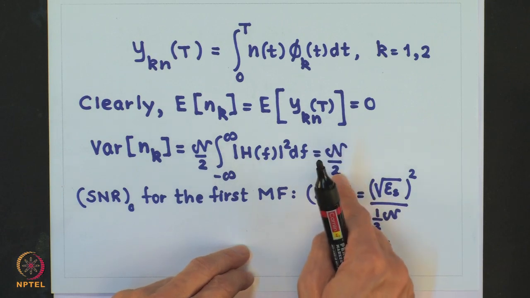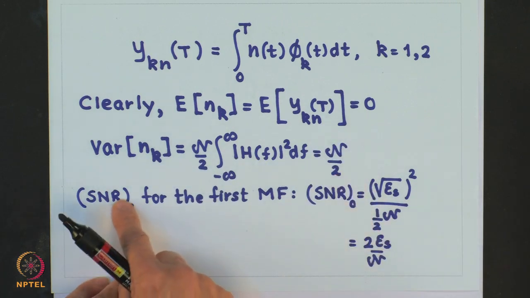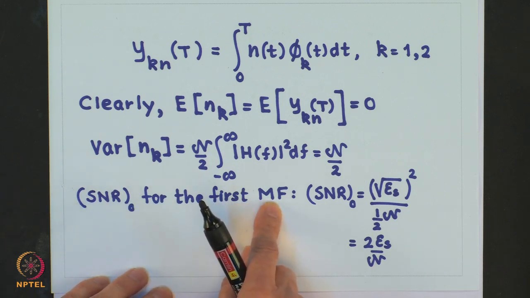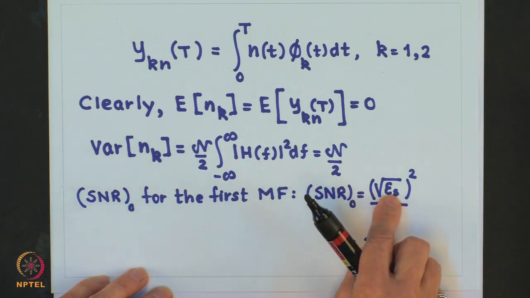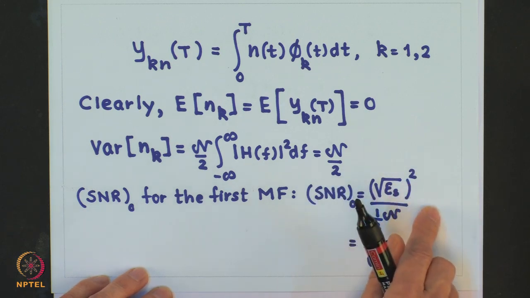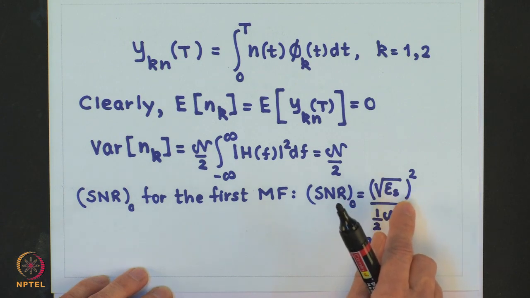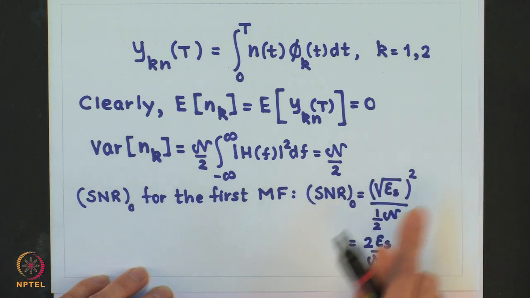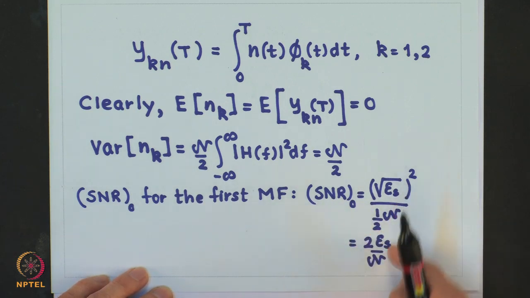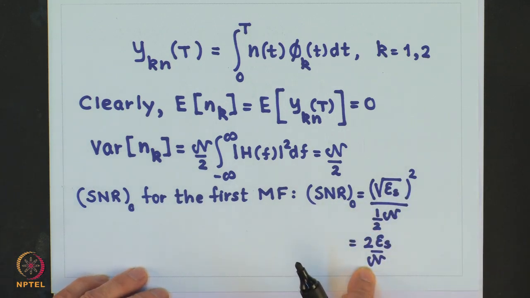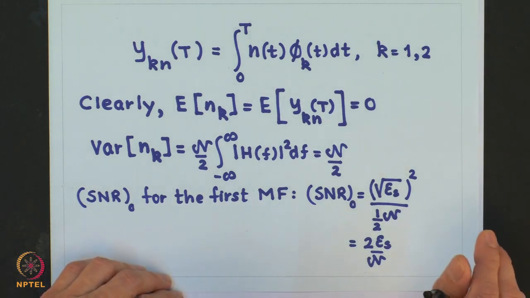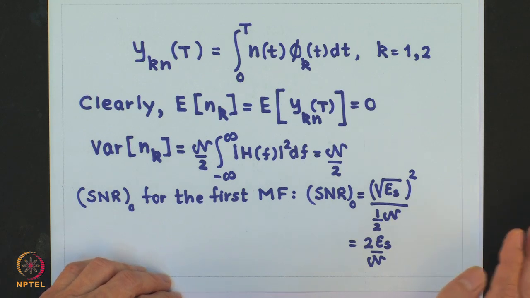This is N0 by 2, and so if you calculate the signal to noise ratio at the output for the first matched filter, you will get the signal component, which is root Es squared, that is the same as y_s(T) squared, and the noise variance which is equal to this. If you take the ratio, I get this quantity, which is the same quantity we derived for the matched filter.